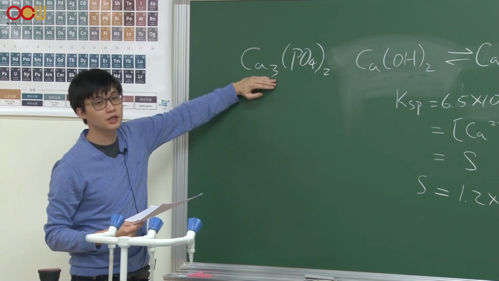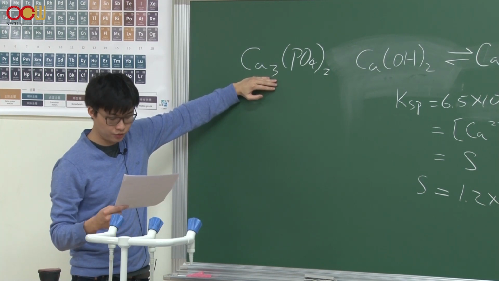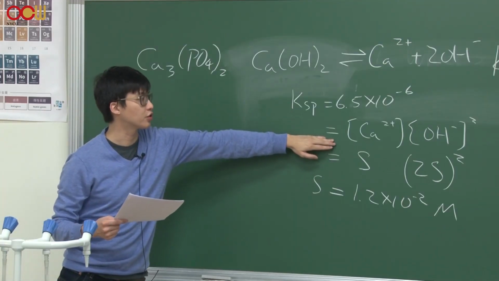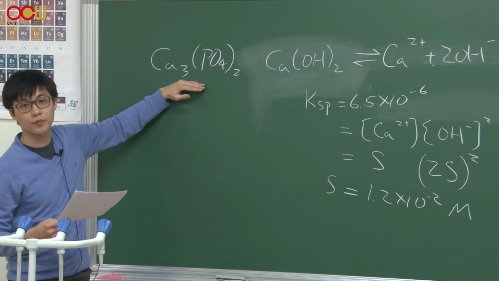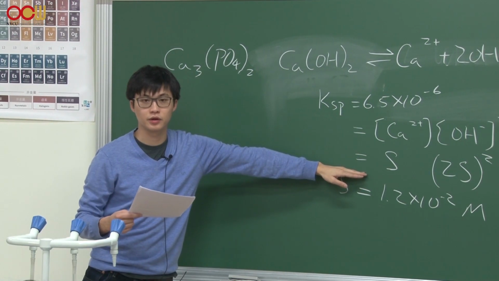So when you're doing the calculation for calcium phosphate, I want you to list out the KSP expression in terms of the ions formed from calcium phosphate, in terms of solubility.